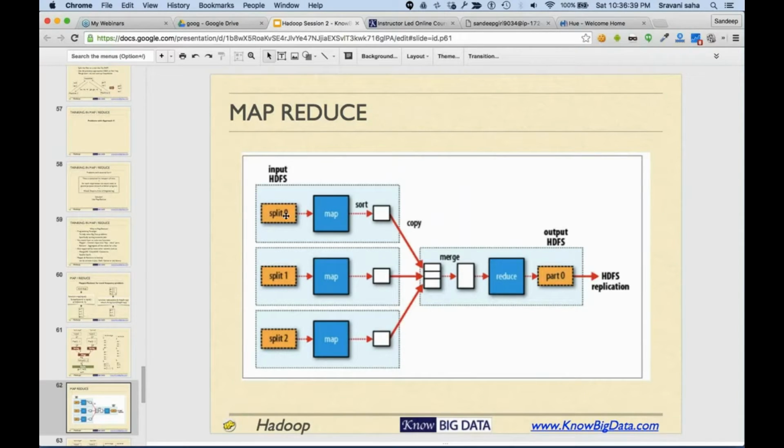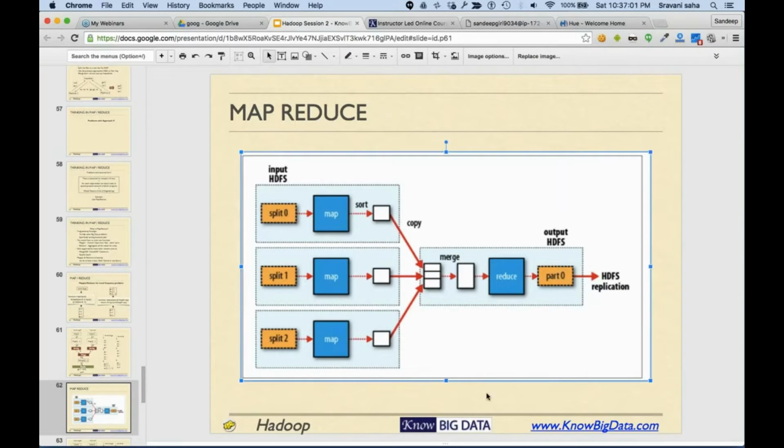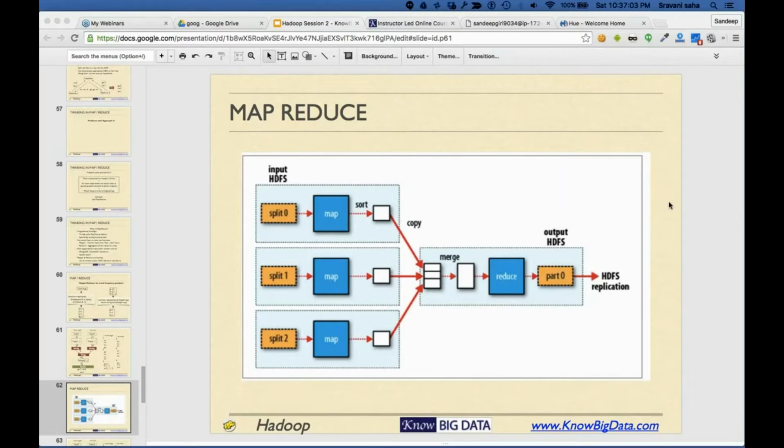Okay, so generally this transfer is local. It will try its best to execute your map function very near to the block. Otherwise, a lot of time will go into transmitting the data from one node to another. And once it has merged the data here, then the reduce will execute.